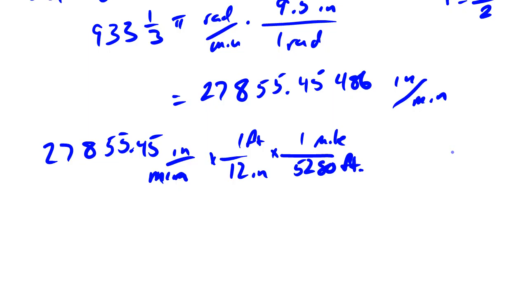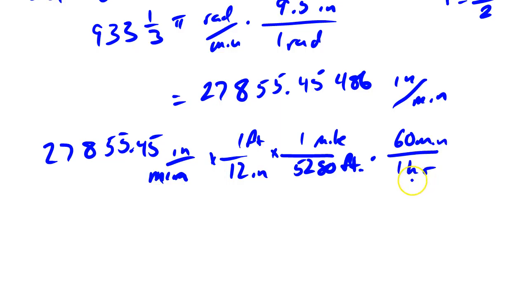So the inches cancel out and the feet cancel out. I'm left with miles per minute, and the answer is supposed to be in miles per hour, so now I have to convert minutes to hours. Well, 1 hour is worth 60 minutes, and I put it this way so that the minutes cancel out and you're left with hours.